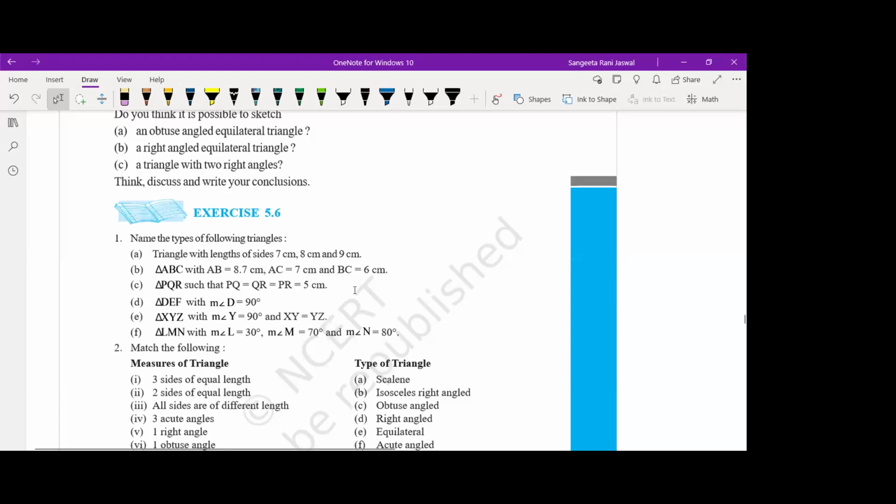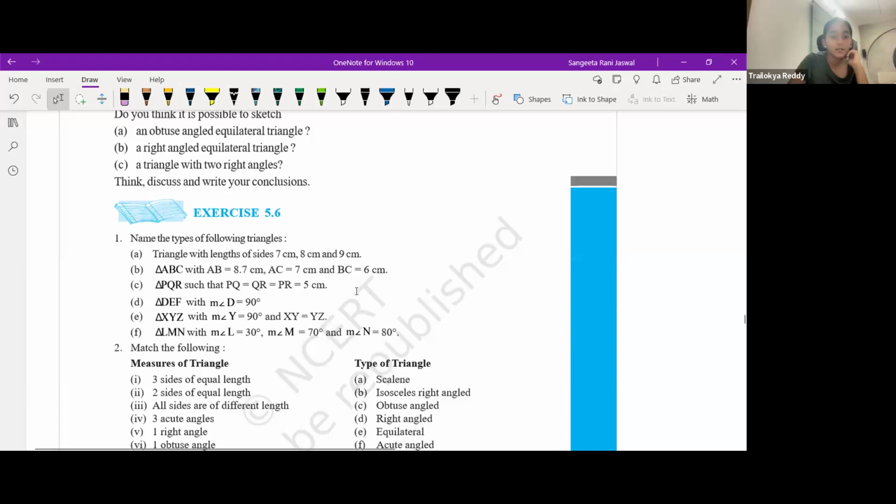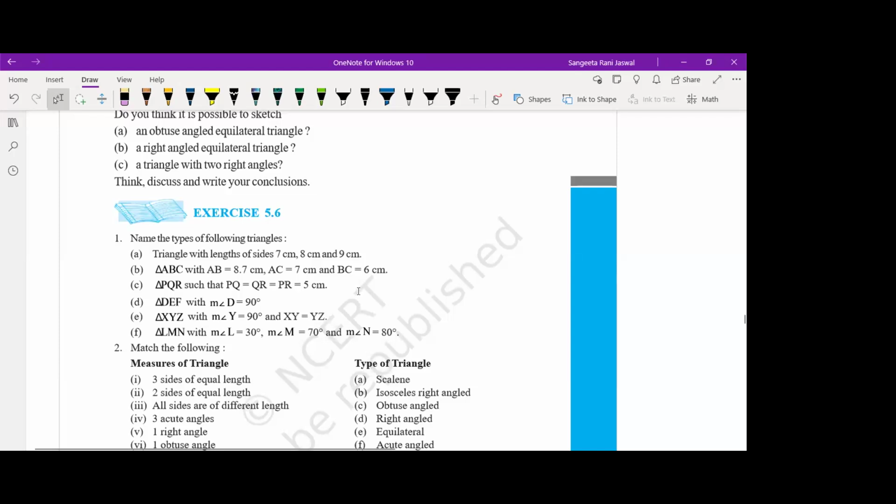Which triangle is this? Right angle. Right angle and it's isosceles also. Okay. Now triangle LMN with angle L is 30, M angle is 70 degrees and angle N is 90 degrees. What type of a triangle is it?